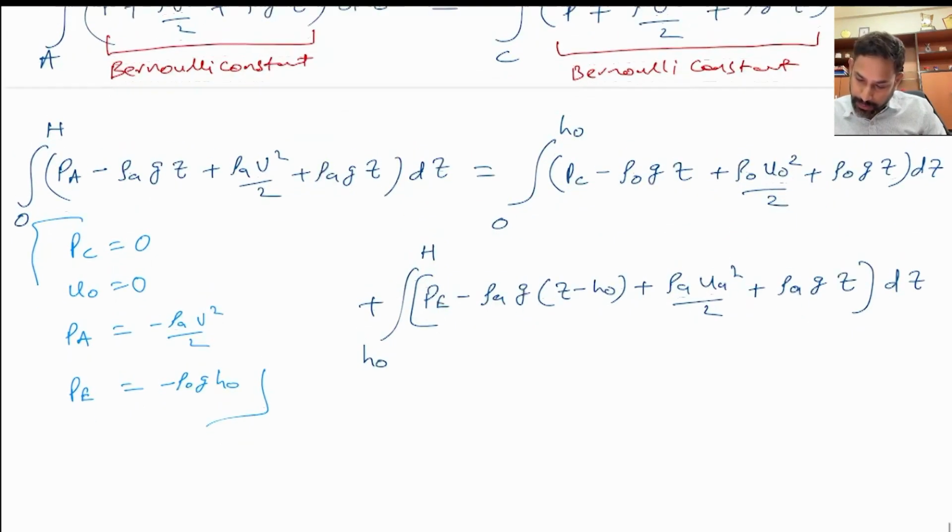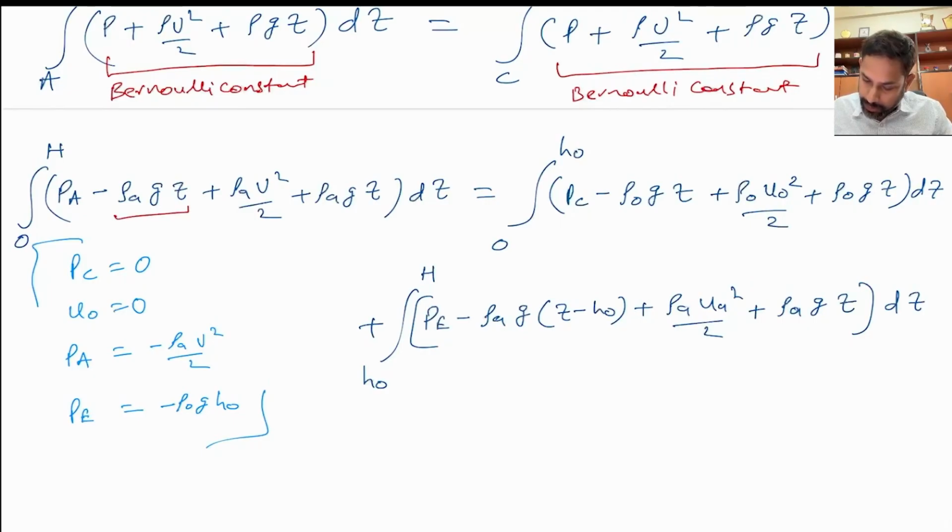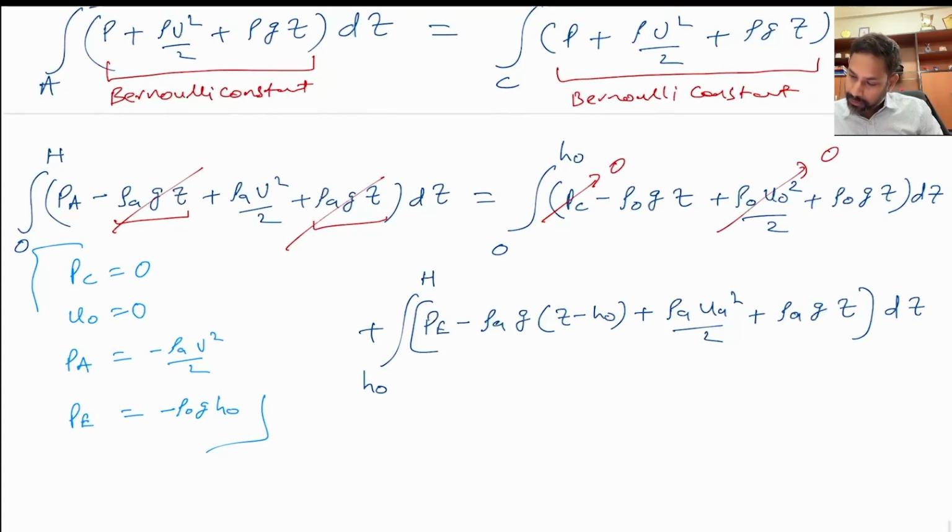And the other thing you will see here is that this term is the same as this term, so they cancel with each other. Likewise, PC is 0, that is already defined, u naught is 0, so that becomes 0, and here again you will see that this term is the same as this term, so they cancel with each other, right?